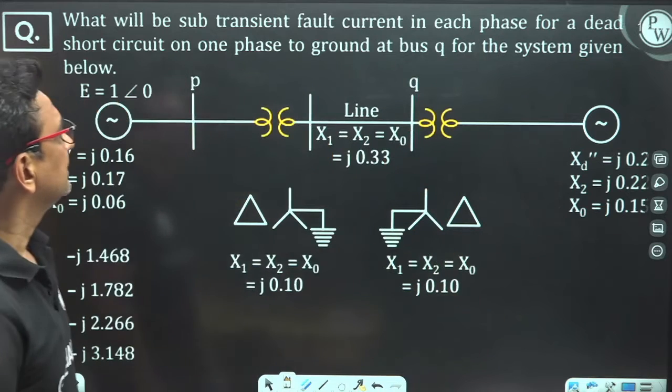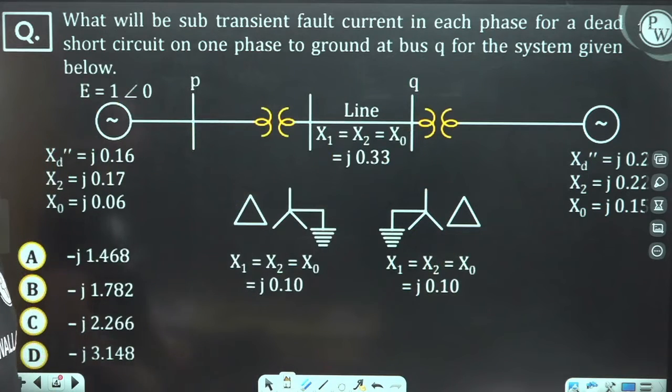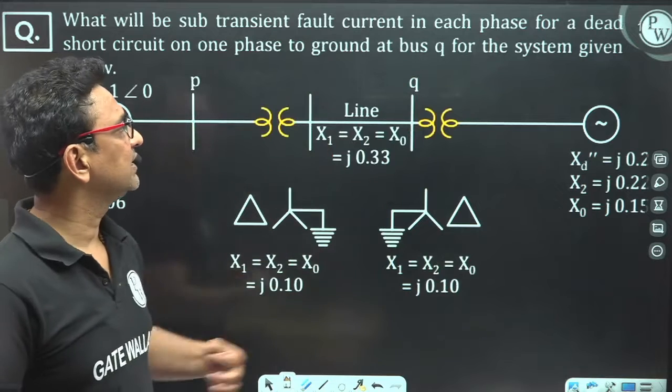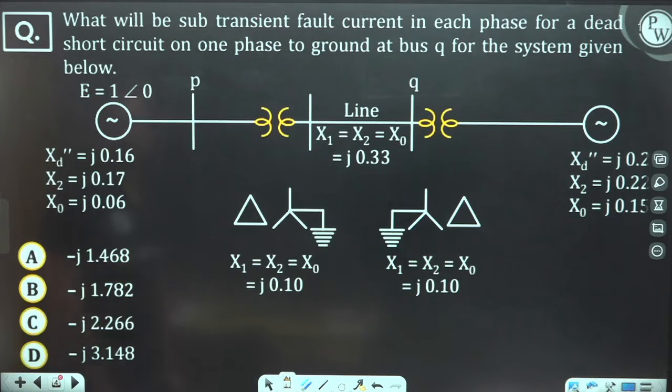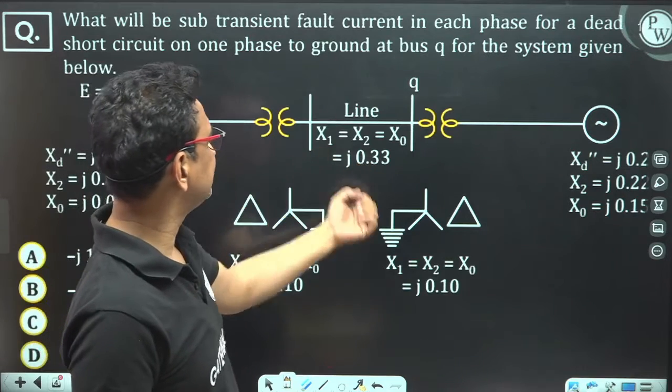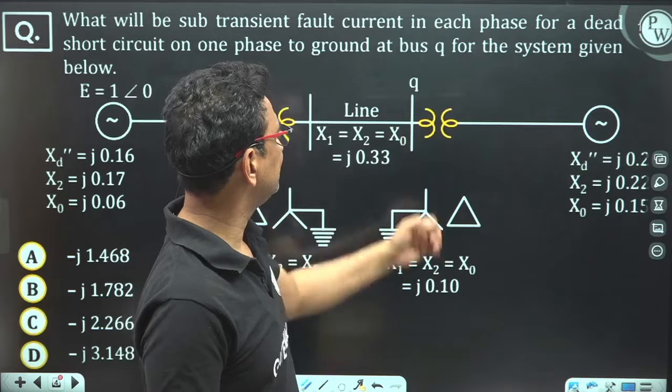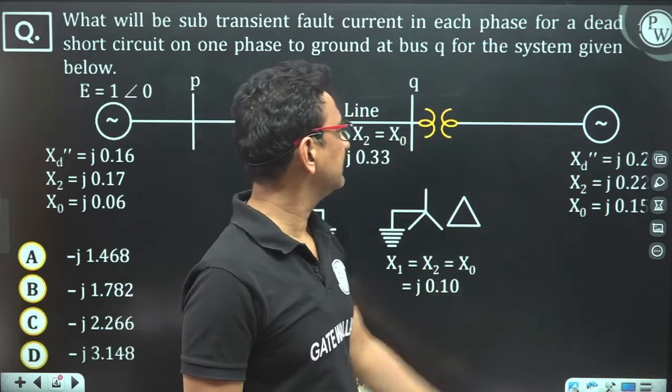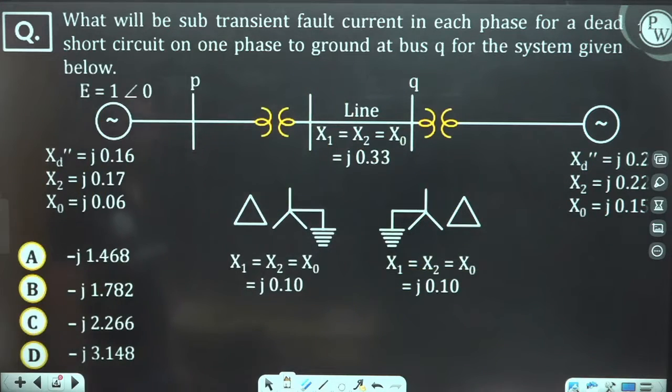Okay. So when line to ground fault occurs at the bus Q, then what will be the value of fault current? So this is an alternator, then bus P, a transformer, a transmission line, bus Q, then a transformer and a transmission line.